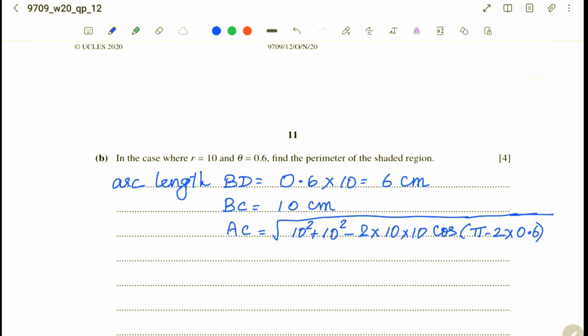On simplification, this is equal to 16.506.